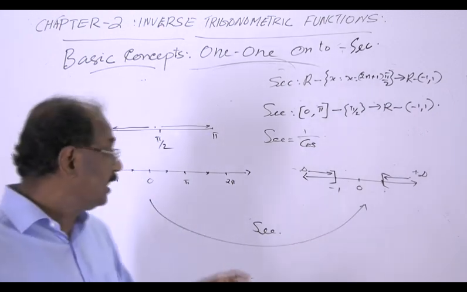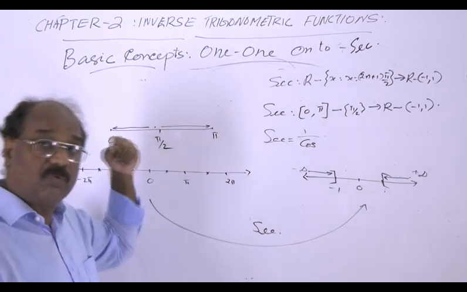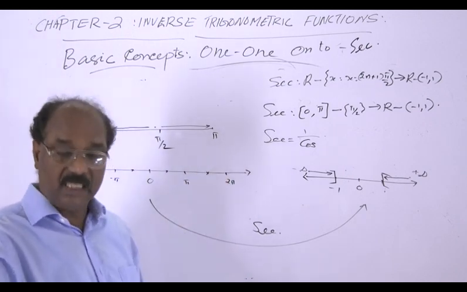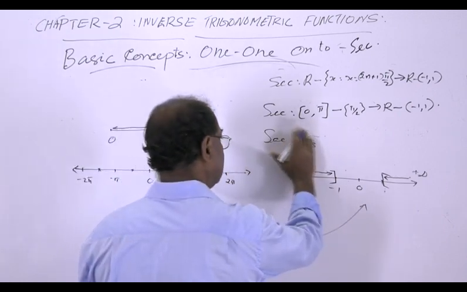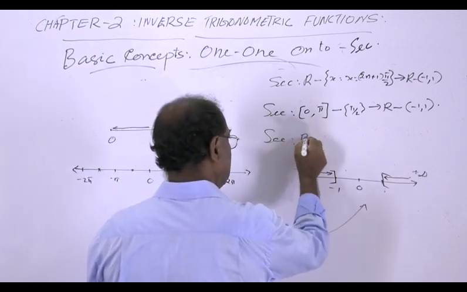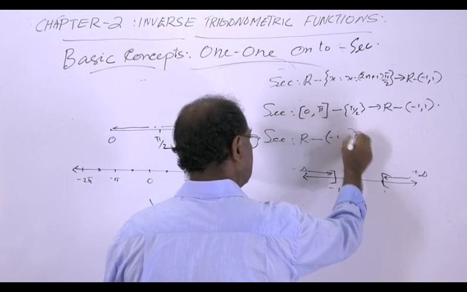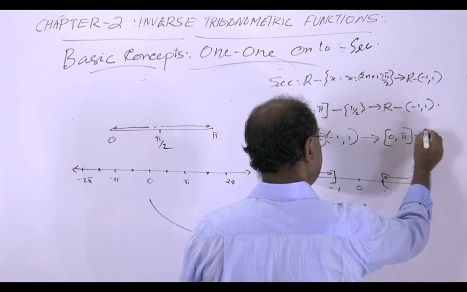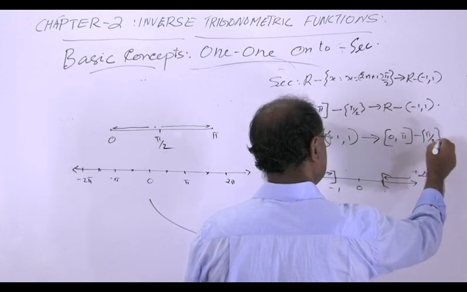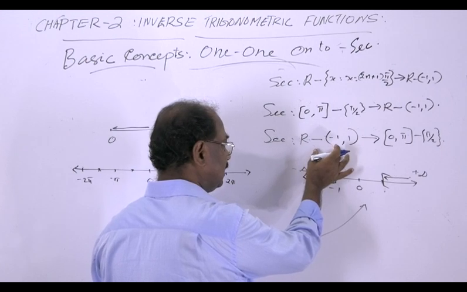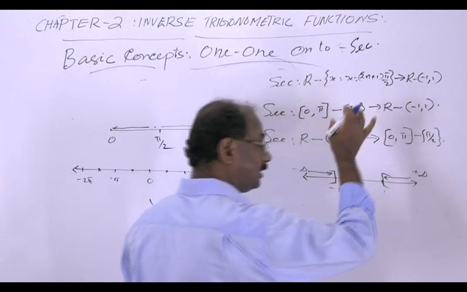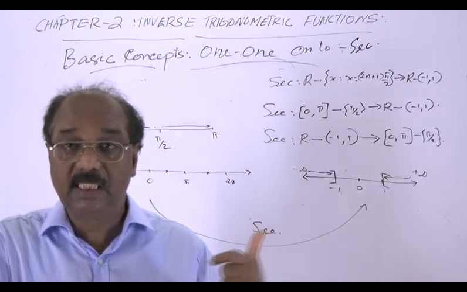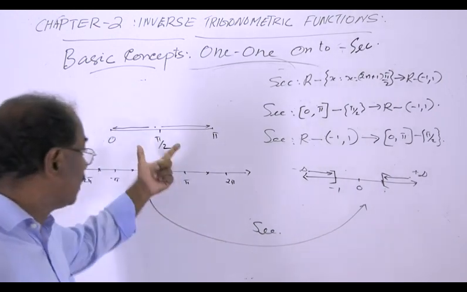So the secant function defined in this interval is one-one onto, and hence it has an inverse. This inverse is from R minus (-1, 1) to 0, pi minus pi by 2. For the inverse, this is the domain and this is the range. So this is the inverse of the secant function in this interval.